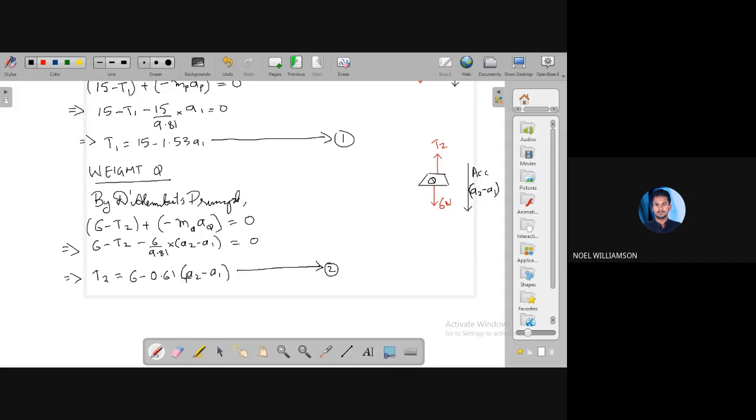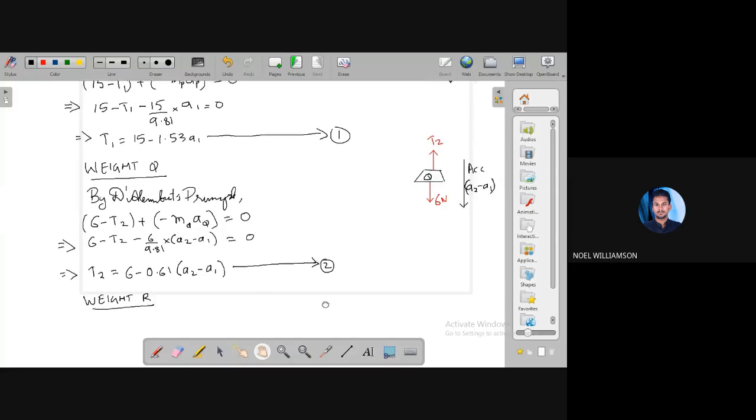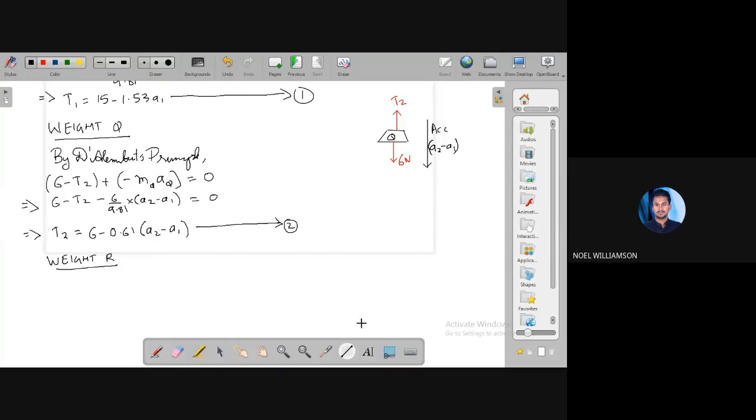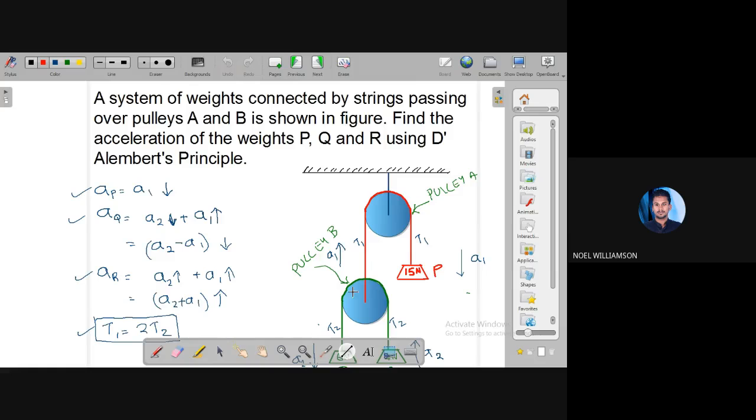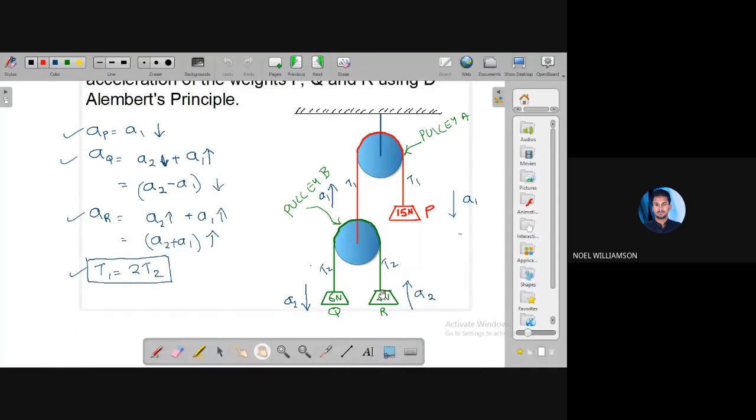Now the last weight, that is weight R. Here you can see which forces are acting on R: the tension T2 acting upwards, the weight of 4 Newton acting downwards, and the acceleration acting upwards, that is A2 plus A1.